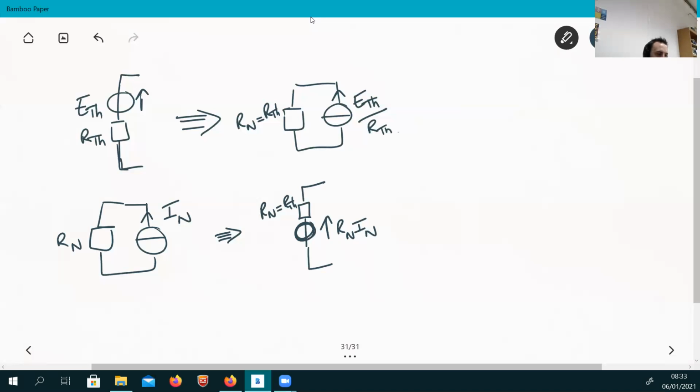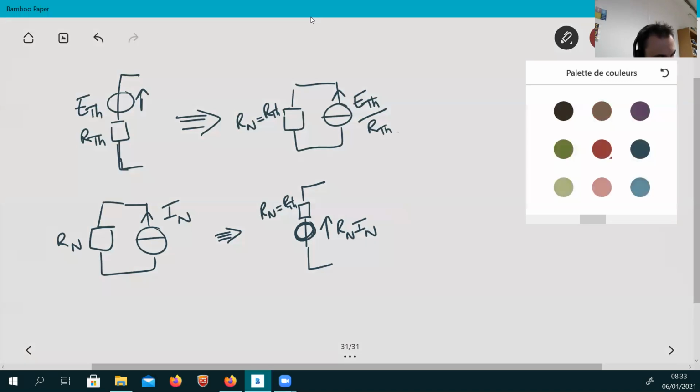This is very important to understand, how to go from one model to another one. You can apply this directly in an exam, in an exercise. And this is very simple to demonstrate. So how can you demonstrate this?